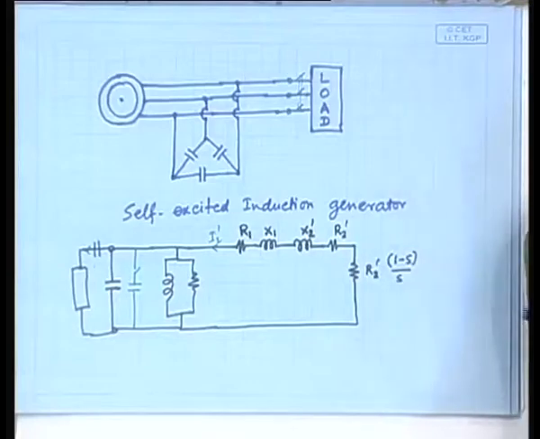But only remember that still there is a slip, and that slip and the rotational speed will give you the frequency generated, and in this case the frequency will not remain constant, it will be dependent on the speed of rotation. So, what will be the effect of that varying frequency on the load?